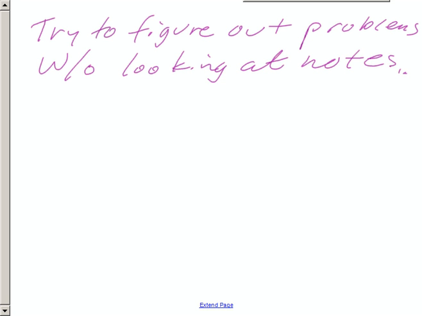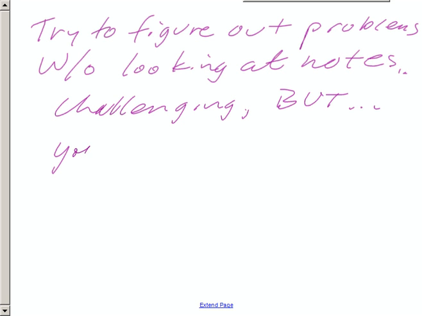That'll be challenging, but that's why you're here. You can figure these out. You might have to look, which is okay, but try to figure them out first before you look them up.